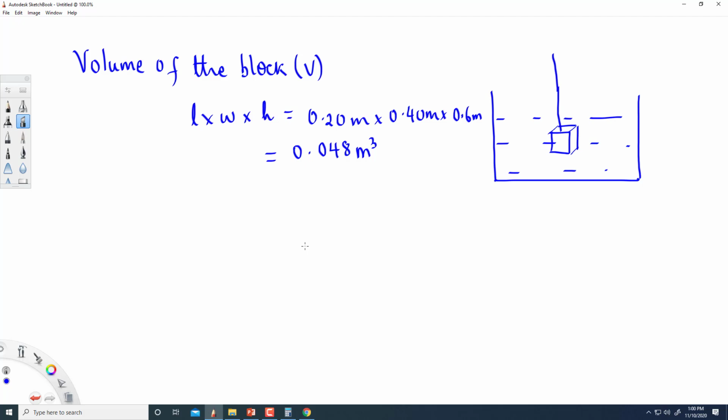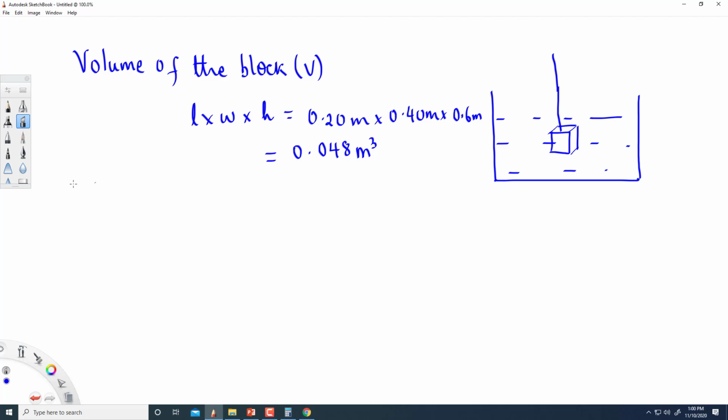So let's first answer B, because B is pretty straightforward. We already know from the previous problems, if the block is completely submerged in water, it will displace the same volume of water as its own volume.